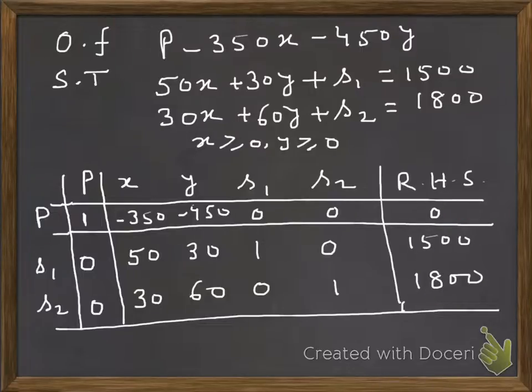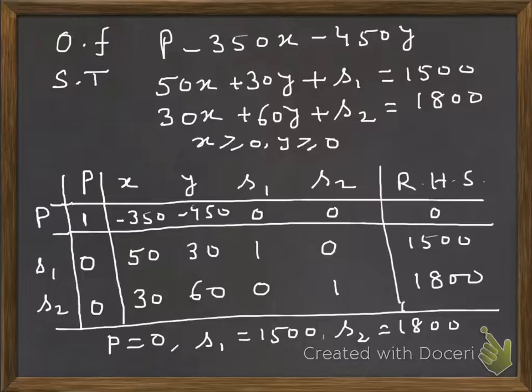So this initial basic feasible solution table tells that P is equal to 0, S1 is equal to 1500, S2 is equal to 1800, and those variables which are not in the basis are 0.